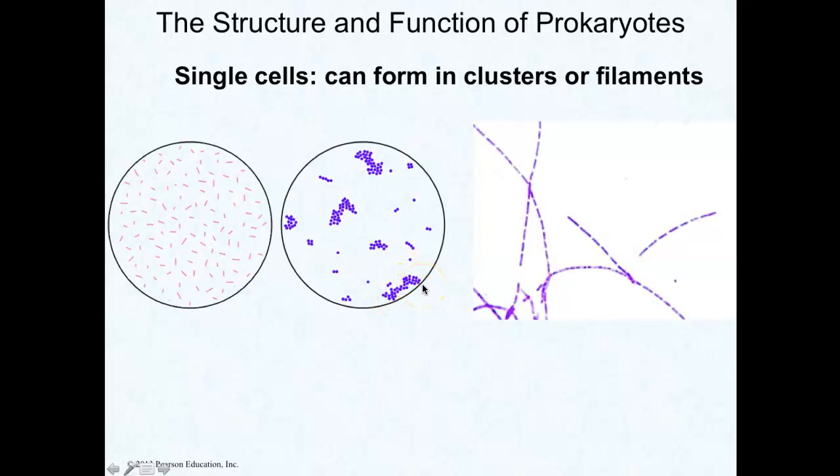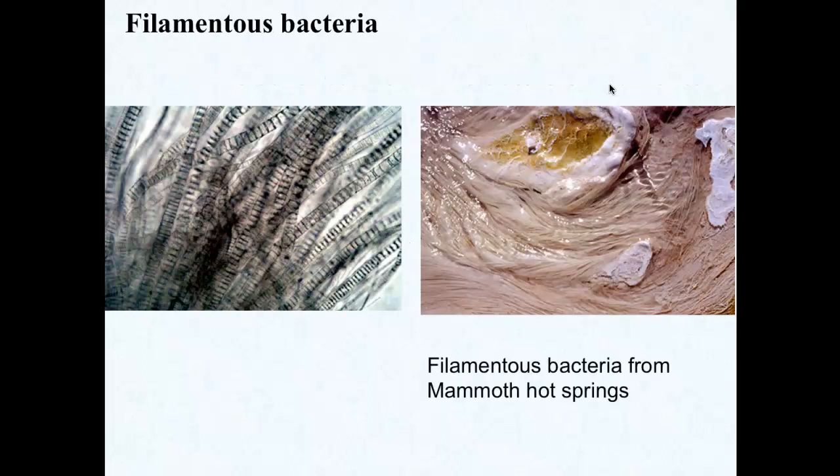And then some bacteria like to form chains, and they attach themselves end to end, and that's called a filament. So when you look at filamentous bacteria, and you have a lot of them, you can actually see that because they form these strands, they're going to look like hairs, very filamentous-like, right? So a filament is like a thread, a string.